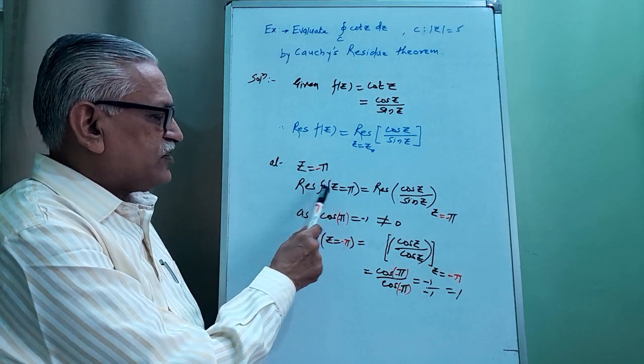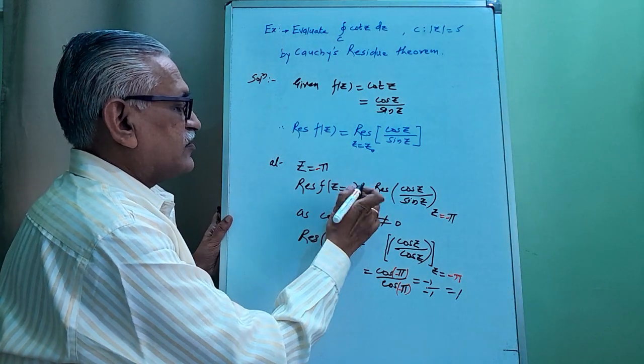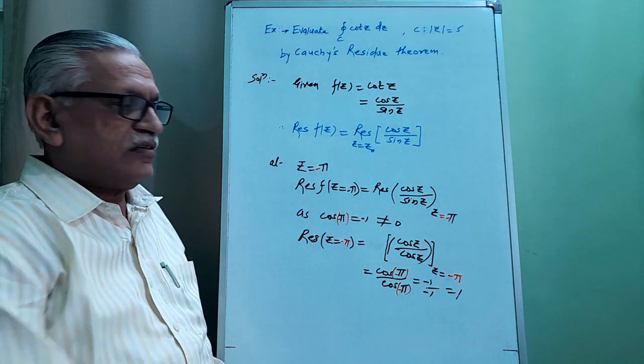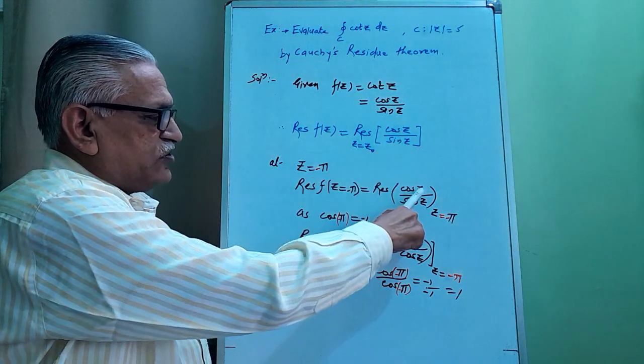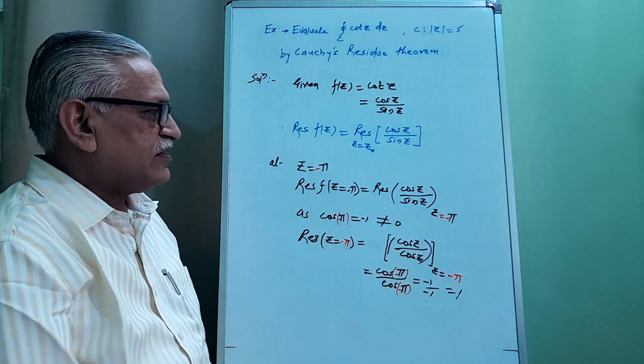Next, the residue of that function f of z at z is equal to minus pi is the residue of cos z upon sin z at z is equal to minus pi.